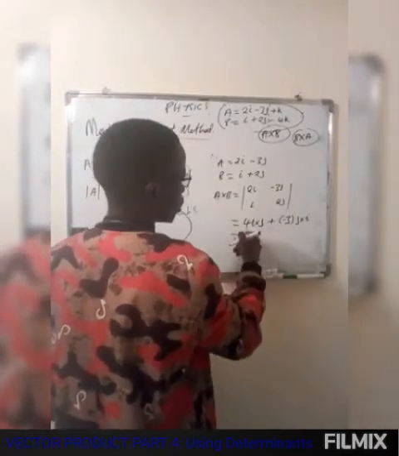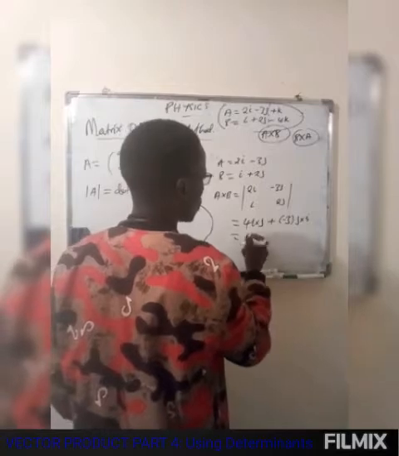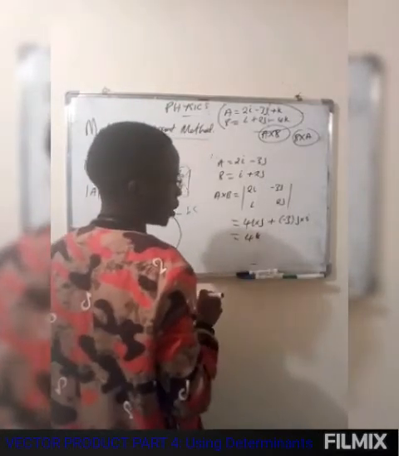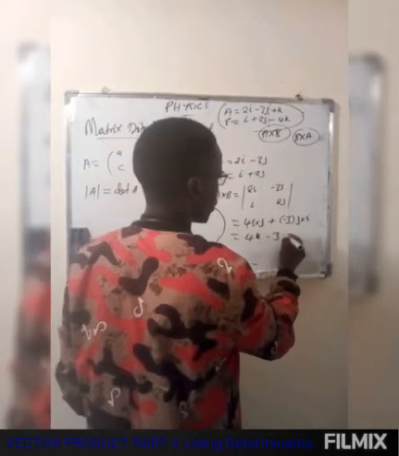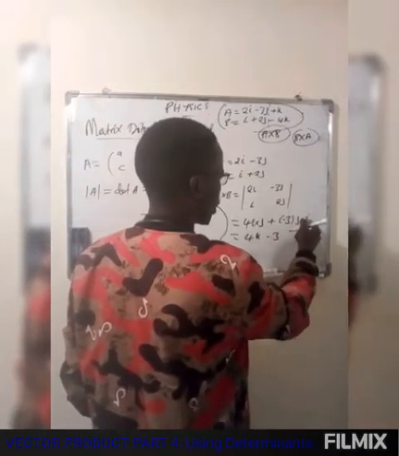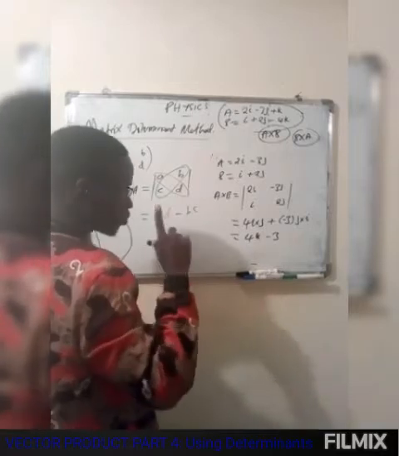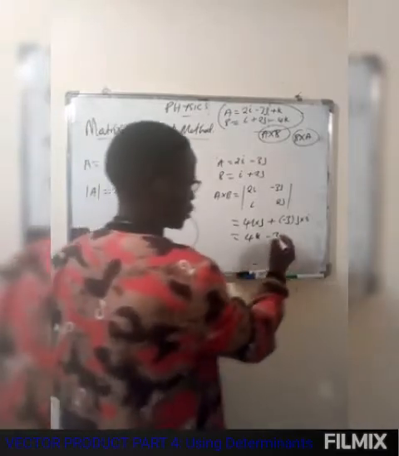So then this is going to be 4, remember i by j is what? It is k. And then we have minus 3 here, and then j by i is what? j by i is negative k.